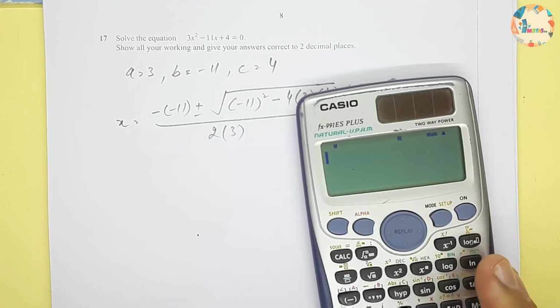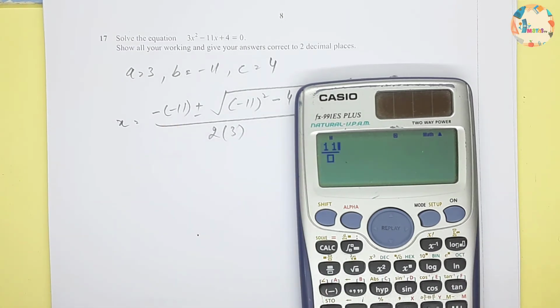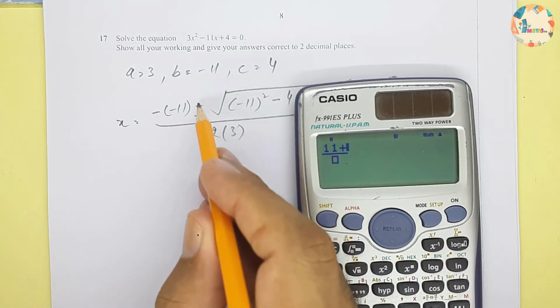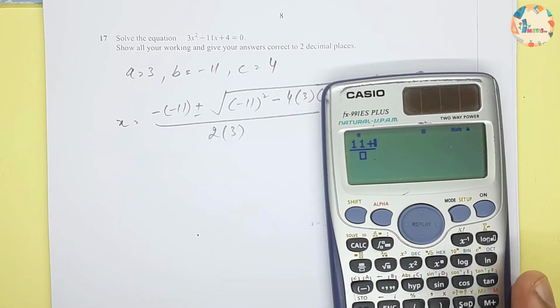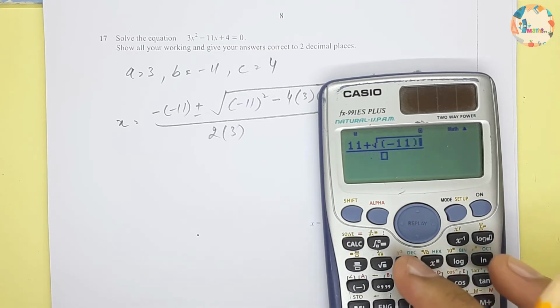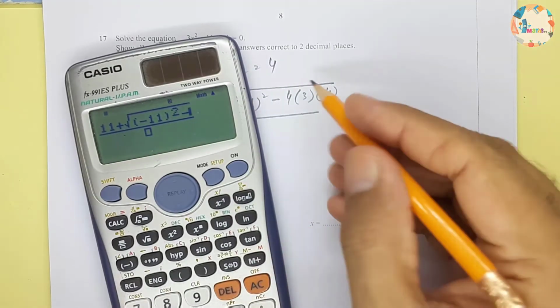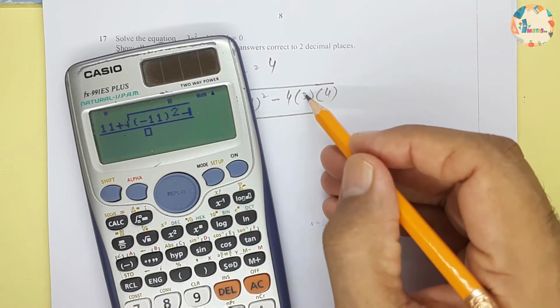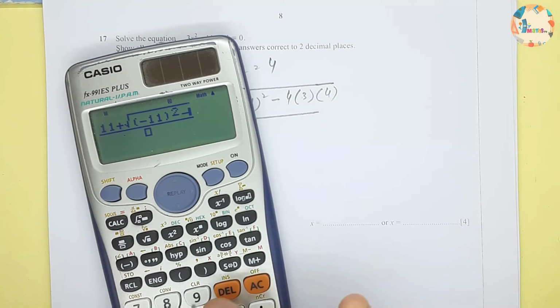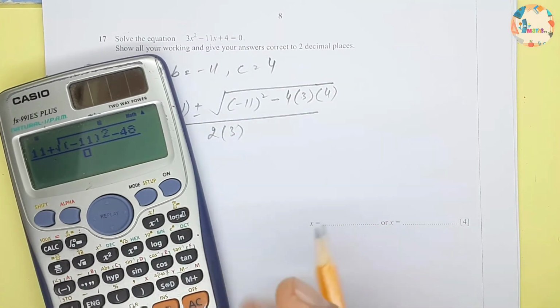Minus into minus will be plus, so it will be 11, and I will take the plus value first, then the negative value. So plus root of minus 11 squared minus 4 into 3 into 4, which is 48, divided by 6.